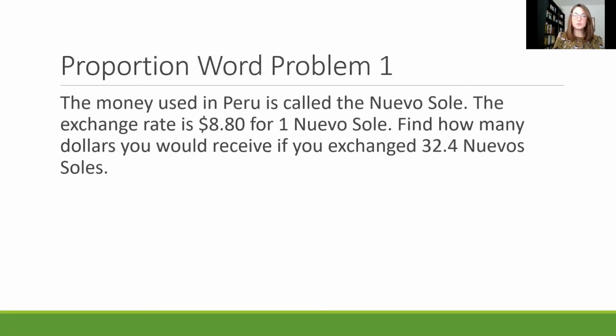So for our first word problem today, it says the money used in Peru is called the Nuevo Sole. The exchange rate is $8.80 for one Nuevo Sole. Find how many dollars you would receive if you exchanged 32.4 Nuevo Soles. So with that, we're going to put all this information together in a proportion. How do we do that? Well, we need to line up the similar information.